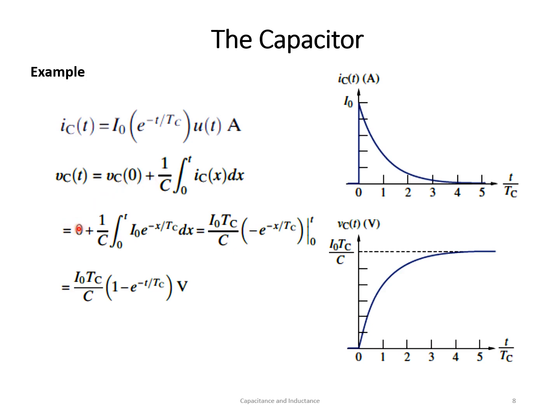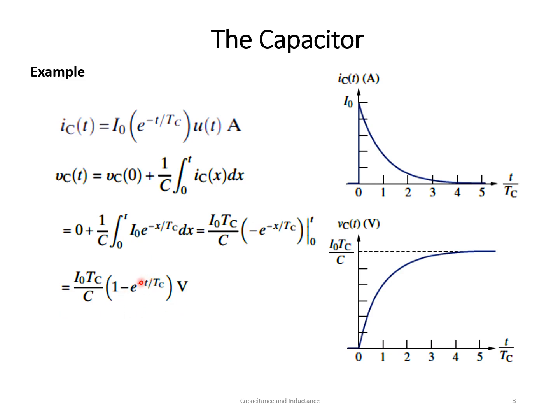If the initial voltage across the capacitor is 0, then we integrate the current, and if we integrate this current over here, then this will be the voltage. You are assumed to understand how to integrate this, and how we achieve this. Do it by yourself and then plot it.